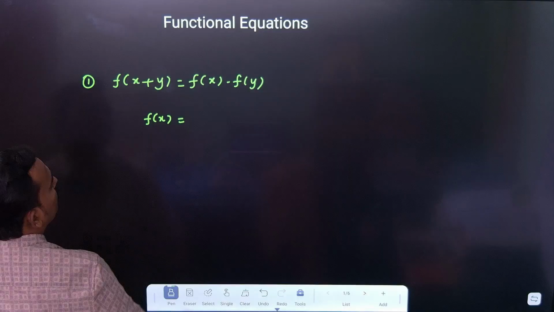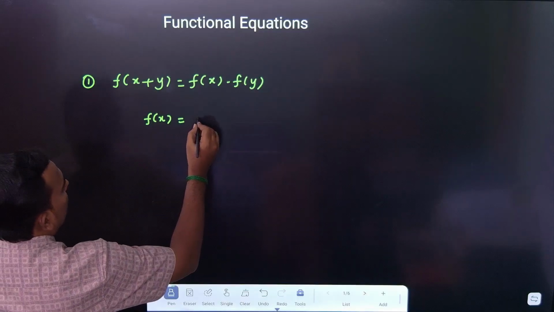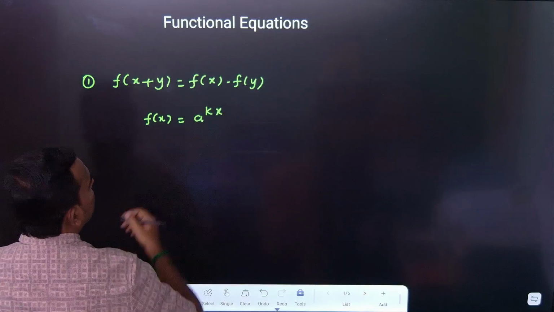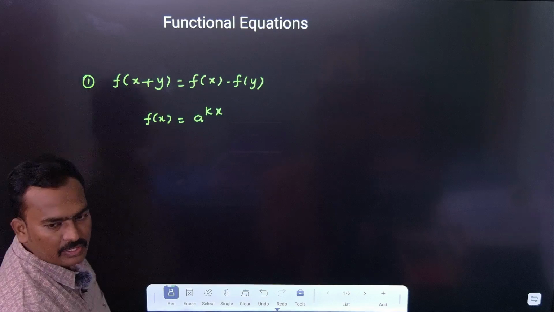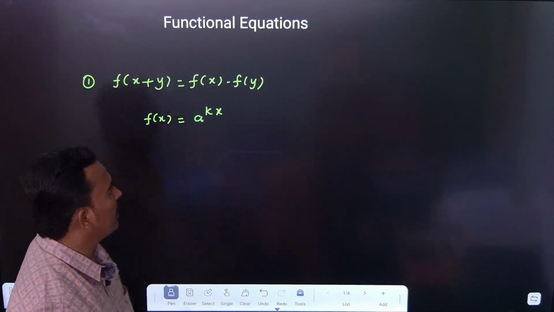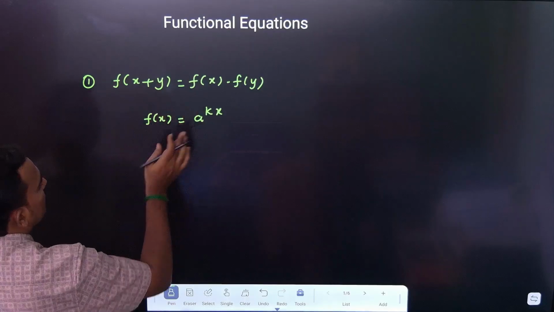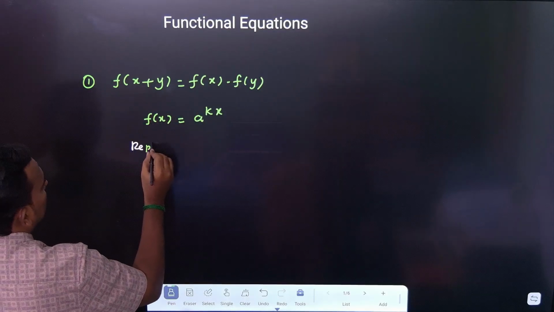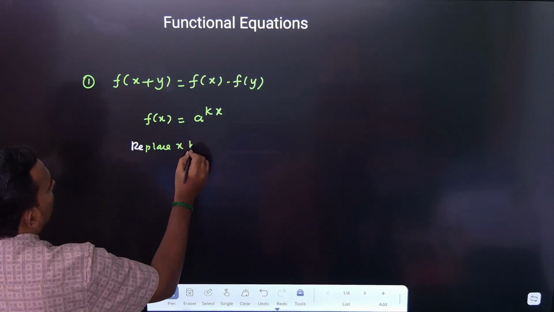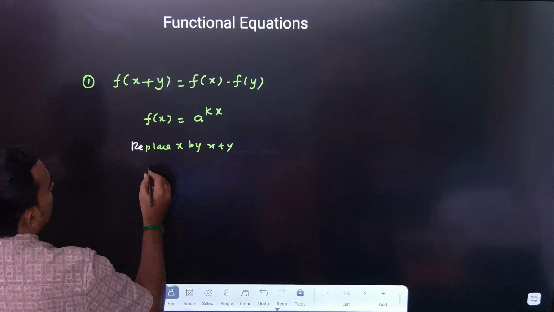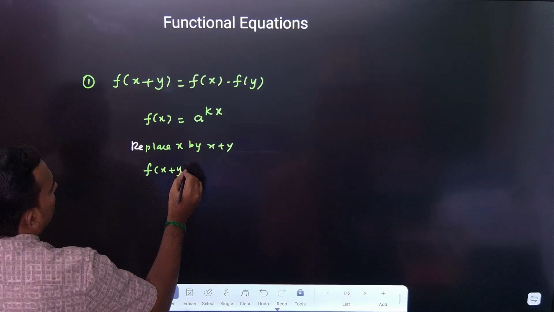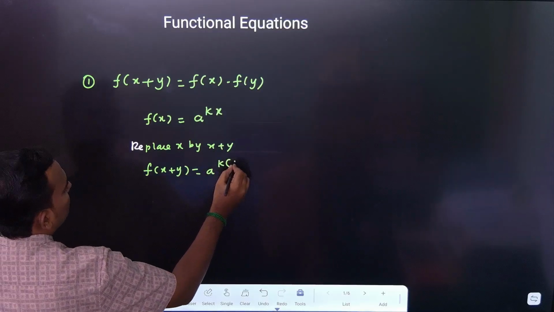f of x equal to a power kx, you can take. Understand, this exponential k may be any constant, right? Let us understand this. Replace x by x plus y. What will we get? f of x plus y is equal to a power k into x plus y.